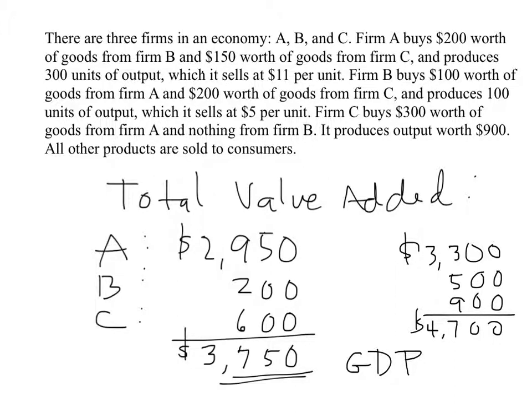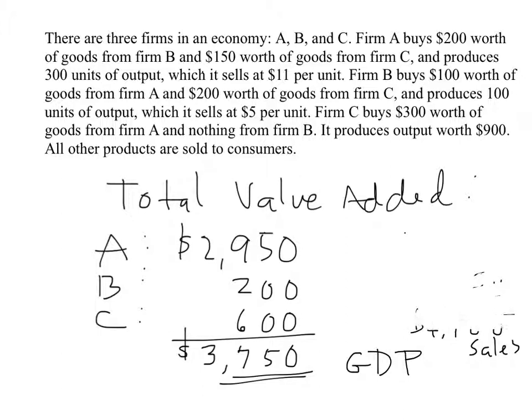That is sales, okay? That is not GDP, that is sales. And it includes all these intermediate goods, which we have subtracted, so we don't want to get GDP this way. That's a sales figure, that's not GDP. Okay, hope that makes that clear.